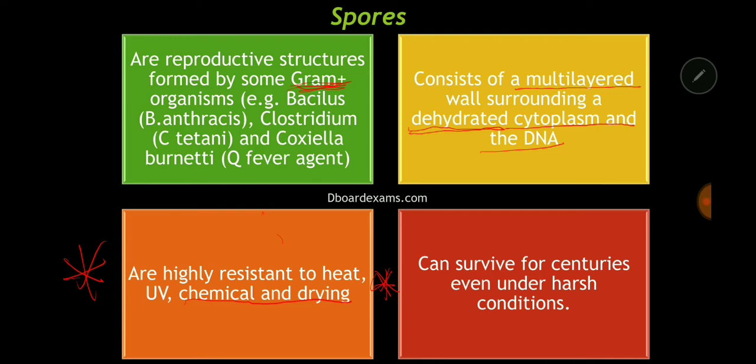Because spores are really difficult to destroy, they are resistant to heat, UV, chemicals, or drying. The spores can survive for centuries, hundreds and hundreds of years, even under harsh conditions, which is the reason that spore forming bacteria are dangerous. So make sure you understand spores.